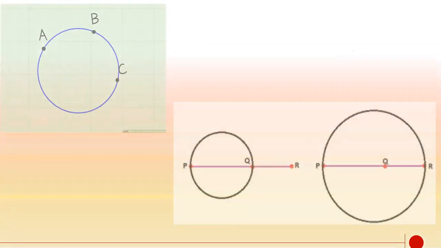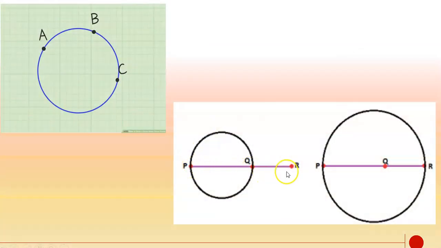So we can have a figure something like this. Over here, the points are P, Q and R. So this is one possibility. This is another possibility. These are collinear points, so we cannot have a circle passing through all 3 points. It is not possible. We can have 2 points at a time, 1 point at a time, but not all 3 points.